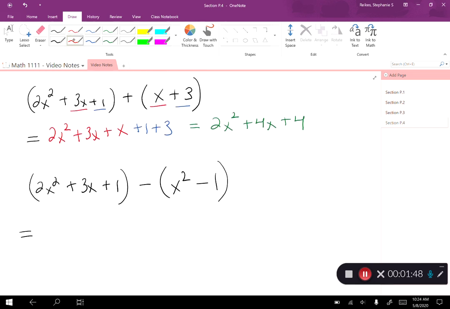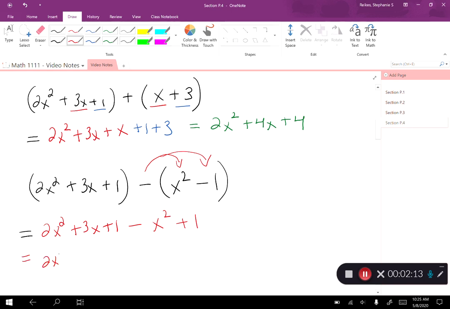Let's take a look at subtraction. Subtraction is the one we have to be more careful with. Remember, if we have something after the subtraction that's in parentheses, we need to distribute this negative first. So it's going to say 2x squared plus 3x plus 1 minus x squared plus 1. And now let's put together the things that are like terms.